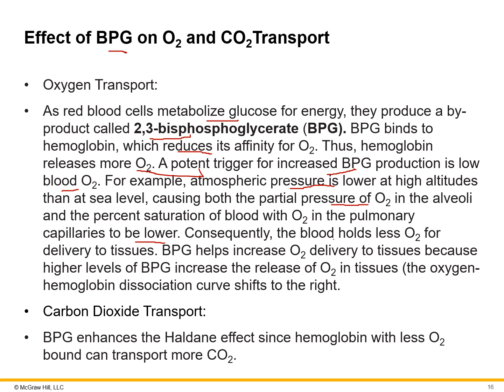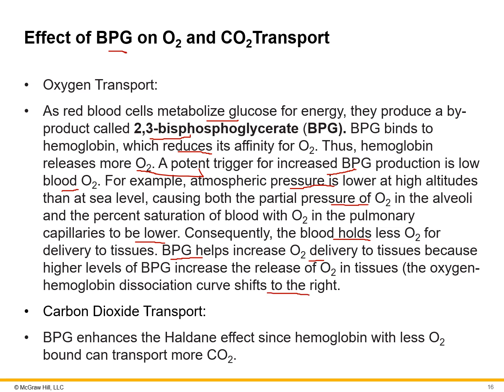Now the blood holds less oxygen for delivery to the tissues. Whenever that's happening at high altitudes, this BPG helps increase oxygen delivery because oxygen is coming off hemoglobin a lot faster by moving that dissociation curve over to the right.